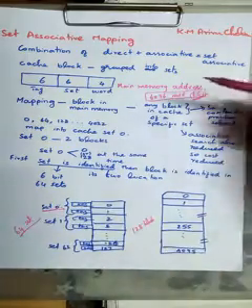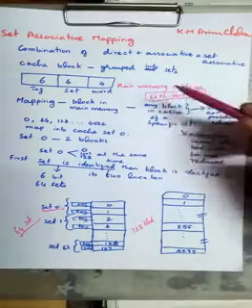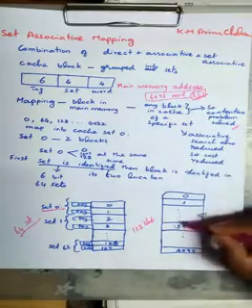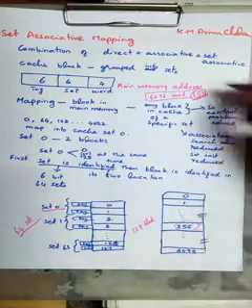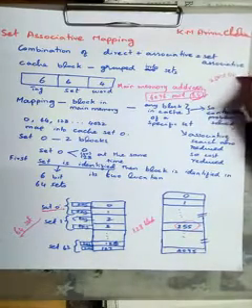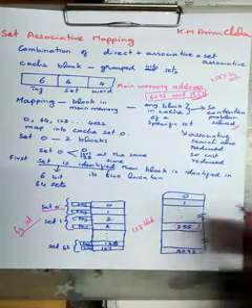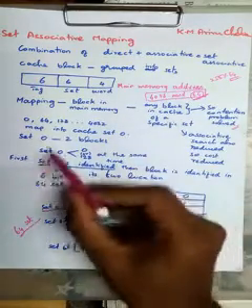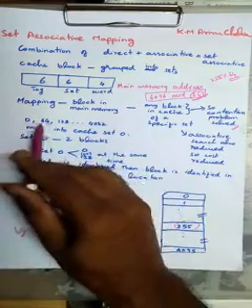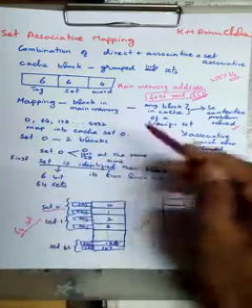So how does direct mapping work here? If you want to access any data, if you want to store 255, you have to take 255 mod 64. Why 64? We have only 64 sets. So see here, the data 0, 64, 128 and so on up to 4032 are stored in cache set 0.